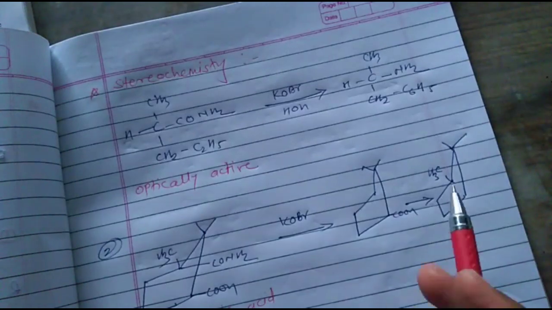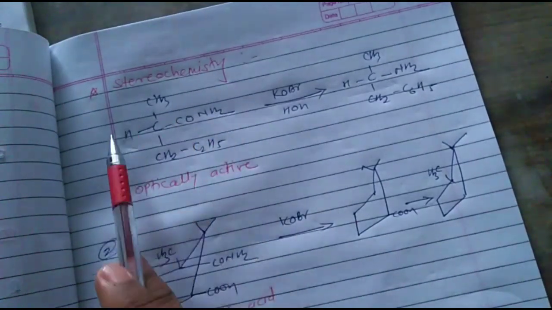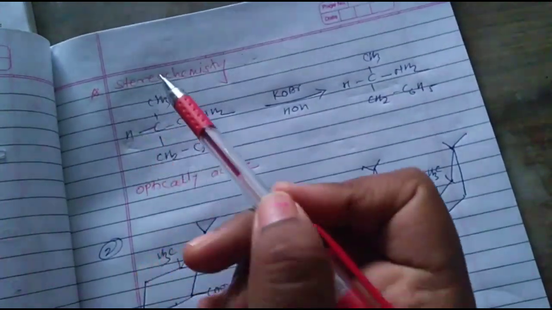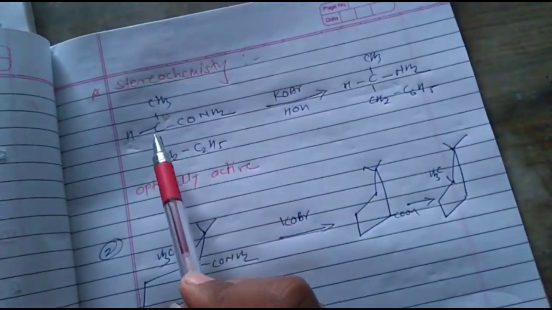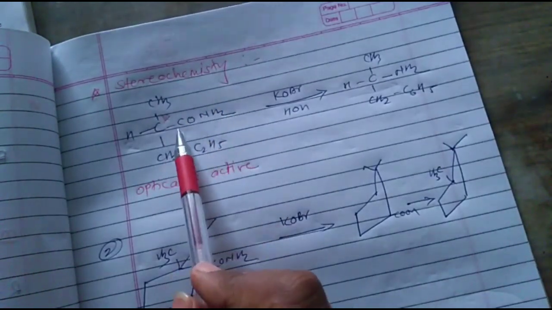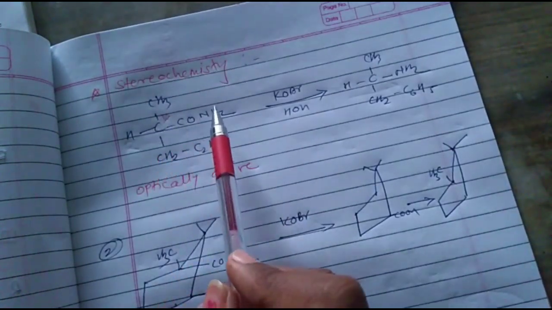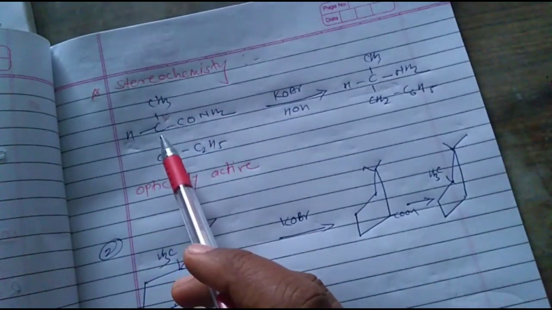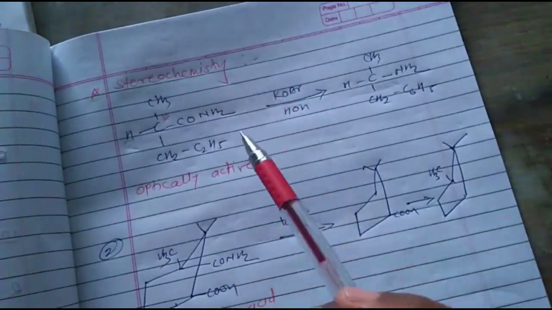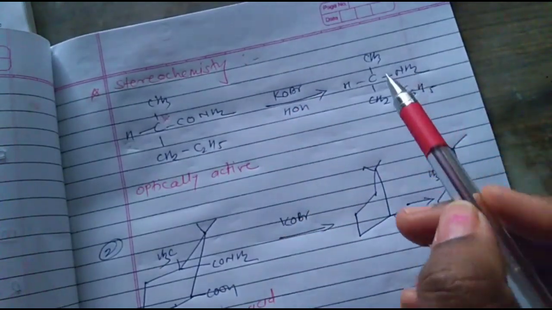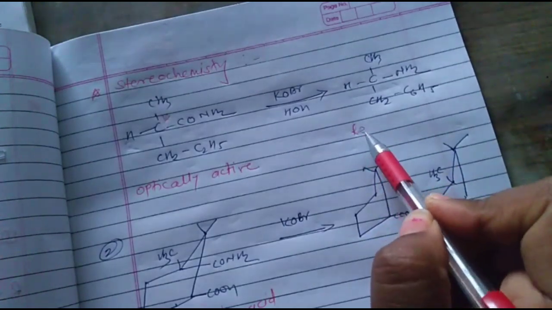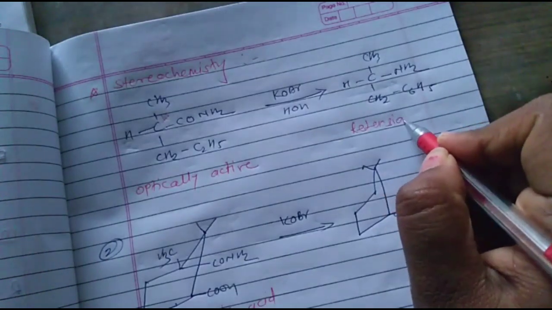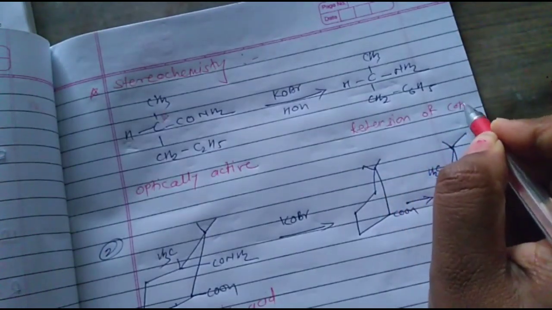Let us learn its stereochemistry. If the compound is optically active, that means this is the stereo compound, this carbon is optically active, and at this position the amide group is present. If in the amide any carbon is optically active or chiral, then in the Hofmann rearrangement reaction, the product we get has retention of configuration.